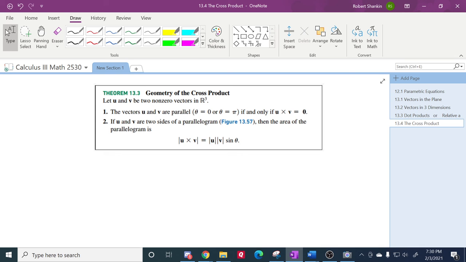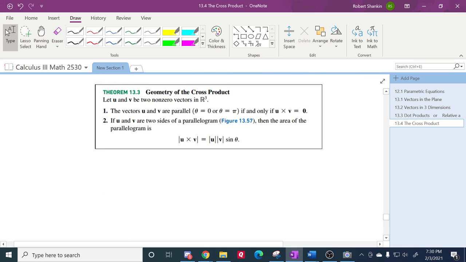Number 2, if U and V are 2 sides of a parallelogram, then the area of the parallelogram is this.